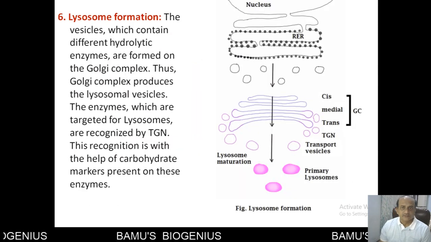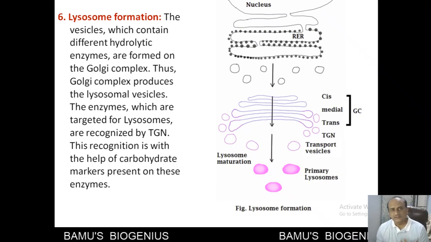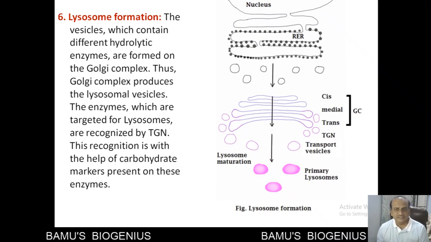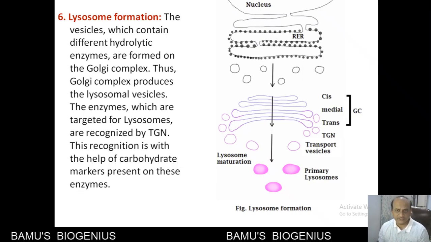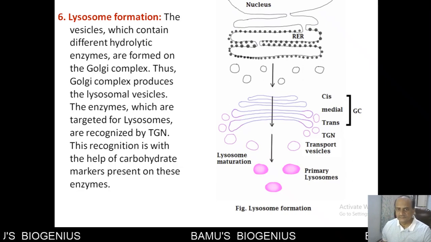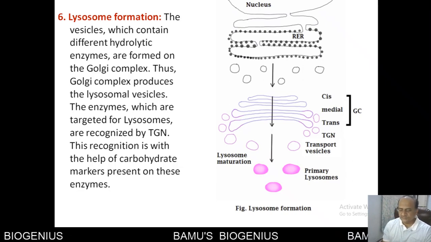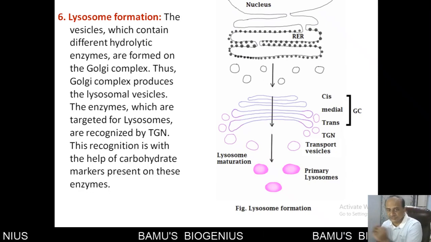Then the sixth function is lysosome formation. I have already told you that the Golgi complex is responsible for modification of certain kinds of proteins, and these modifications are responsible for taking that particular protein to a particular destination.